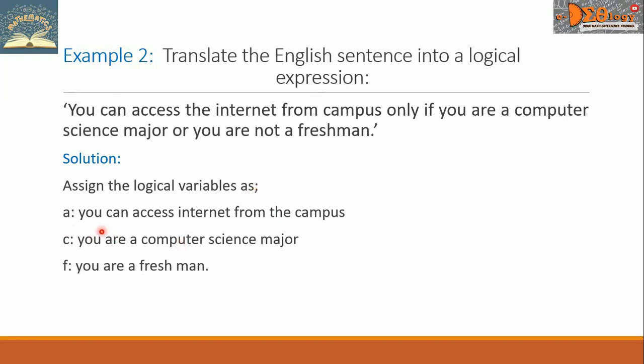Proposition A, you can access internet from the campus. Proposition C, you are a computer science major. Proposition F, you are a freshman. The answer is the compound proposition C or not F. This implies A. This is the final answer.